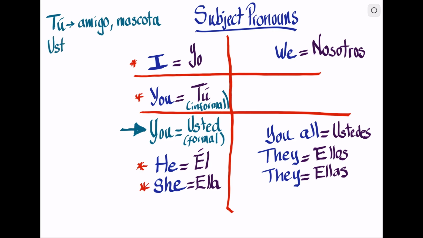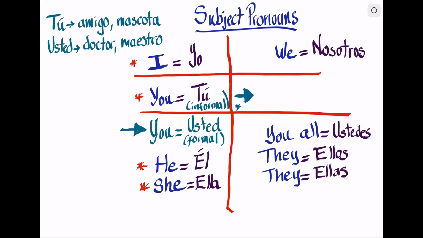I know it sounds like mascot, but it also means mascot or pet. Then we have usted. That is very formal, so you speak to a doctor or to a teacher, maestro. Yeah, I know, doctor is doctor. So that is the difference.